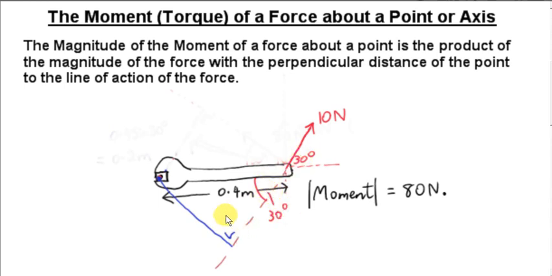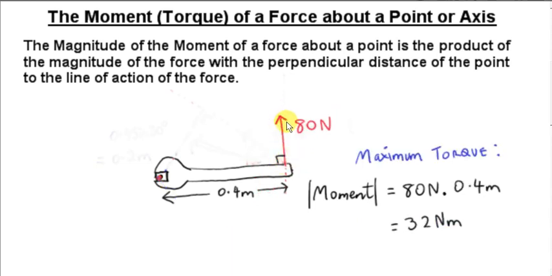So we'll get the same result as we saw earlier actually. We multiply the hypotenuse of this right angle triangle, which is 0.4, by the sine of 30 degrees. And that gives us 0.2 meters. So like before, where the force was applied in this direction at an angle of 30 degrees here, the moment of the force is 16 Newton meters.